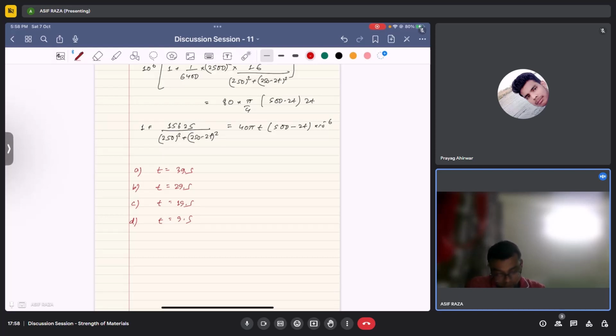For the first case, LHS is 250 square plus 250 minus 2 into 39.5 square.